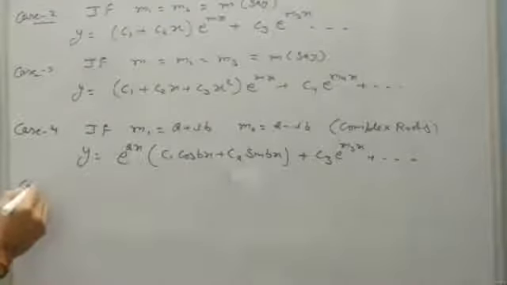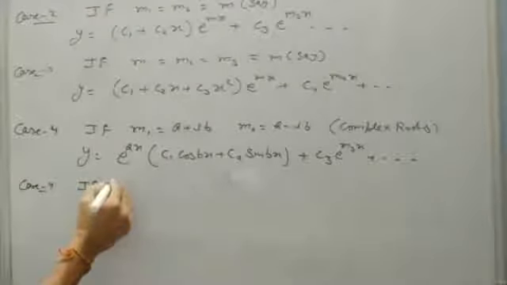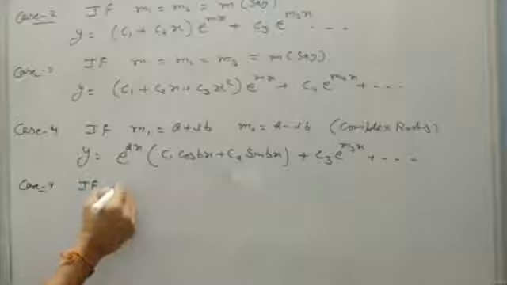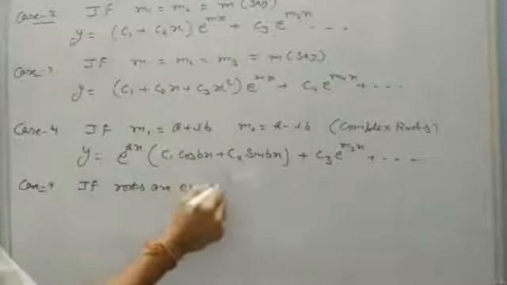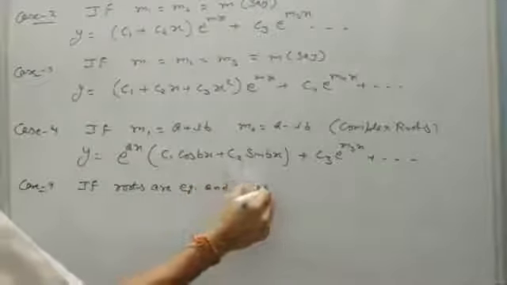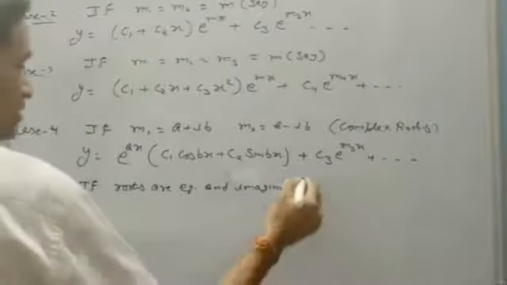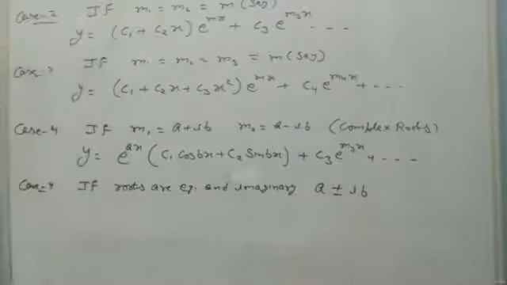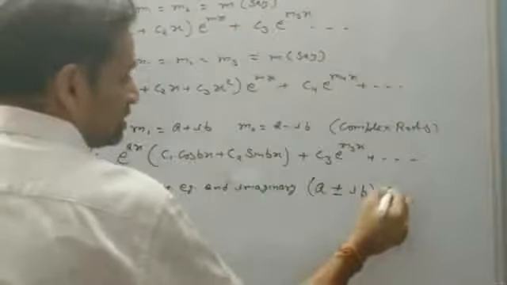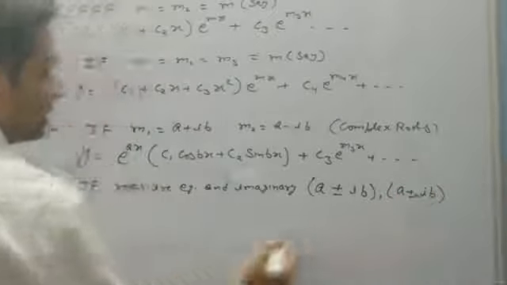Case number 5: if the roots are equal and imaginary, I mean to say the roots are a plus minus ib, and again there is another pair of roots a plus minus ib, then what will happen?